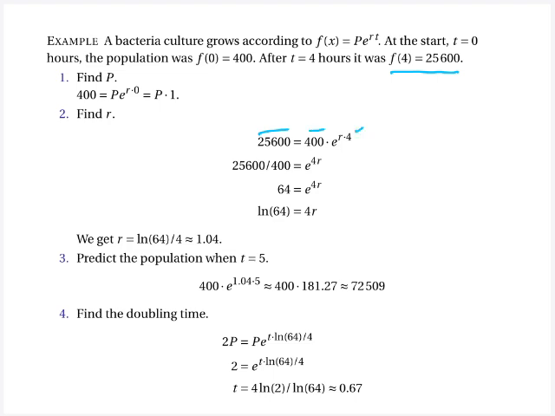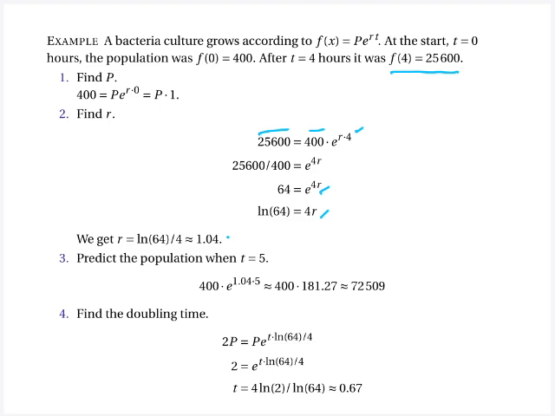And I just got to solve it. You could probably do it different ways, but I divided both sides by 400, and then I took the natural logarithm of both sides to get at the exponent. Then I ended up dividing by 4, and when all the smoke clears, I got 1.04. Okay, so r equals 1.04.